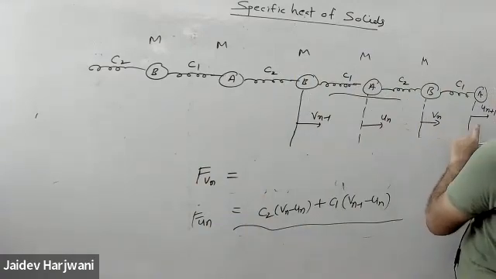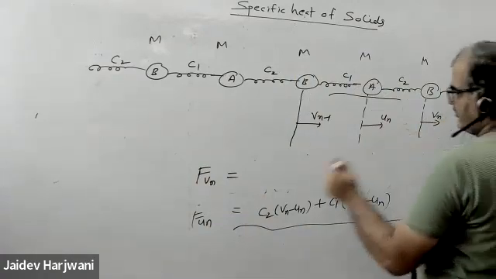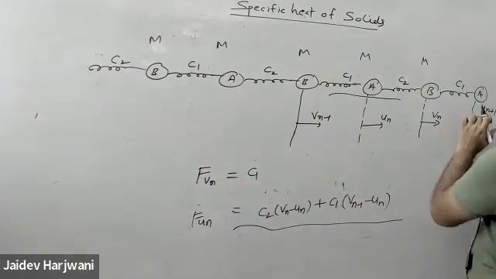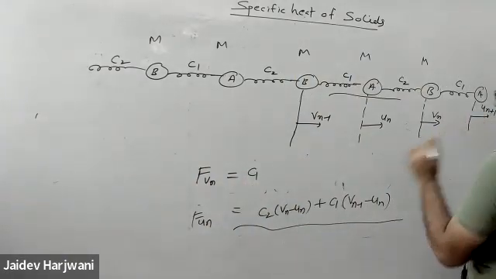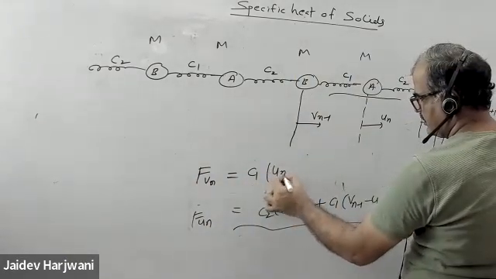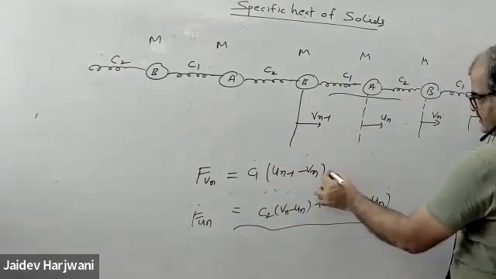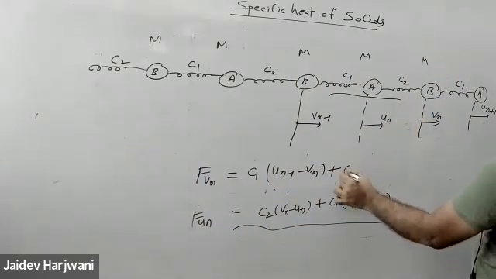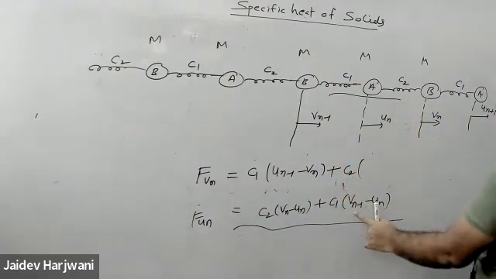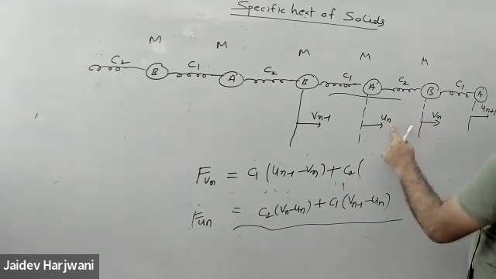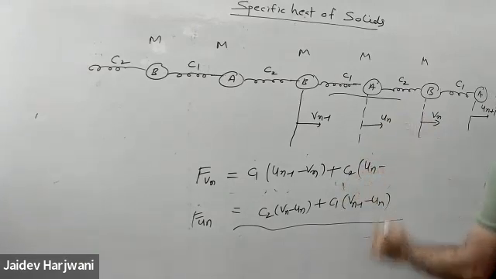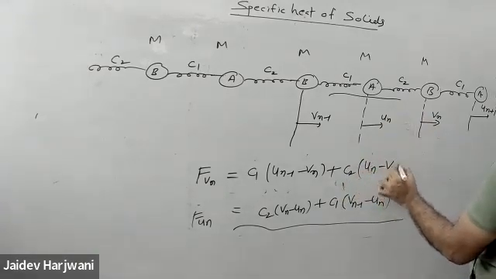For the force on Vn, this constant will be C1, and this is Un plus 1 minus Vn. Then plus this C2, Vn minus 1, for this Vn minus is this one, Un minus Vn.